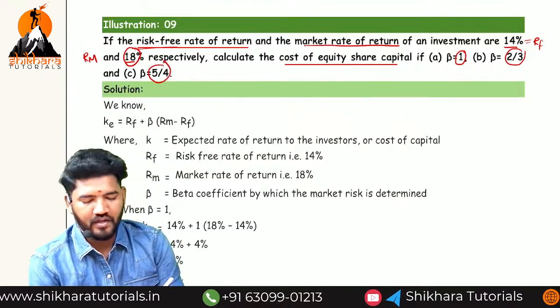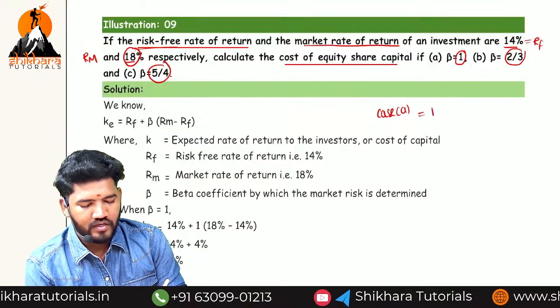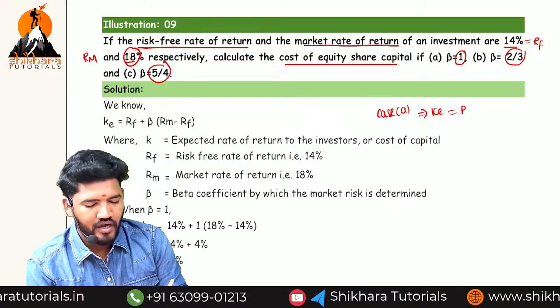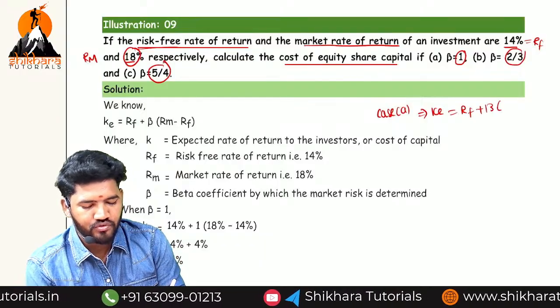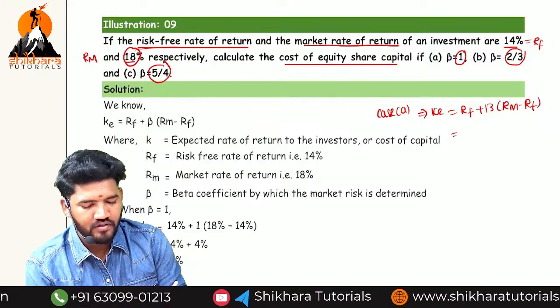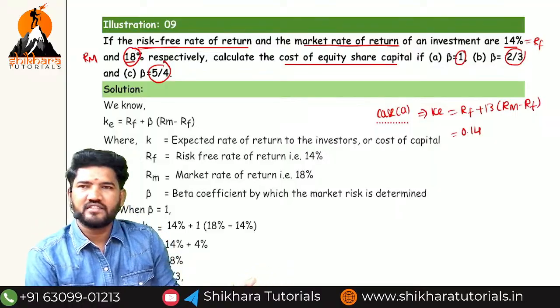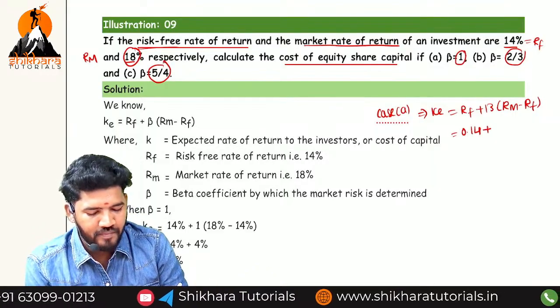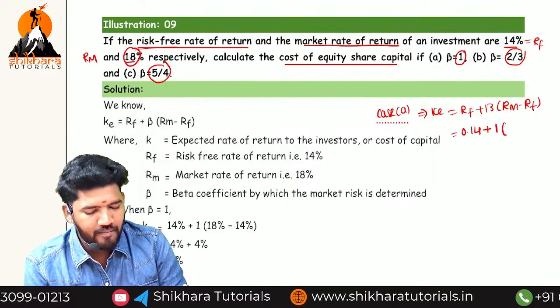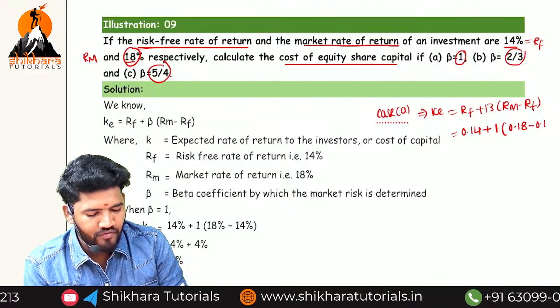Now you know the formula. Case A: Ke equals RF plus beta into RM minus RF. RF is 0.14, plus beta 1, into RM 0.18 minus 0.14.